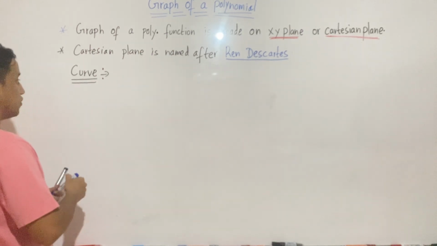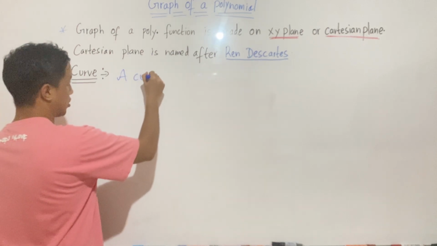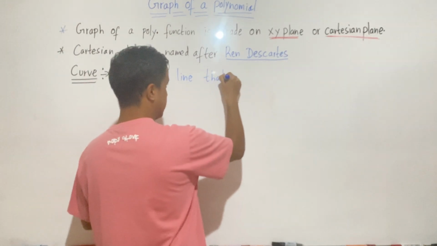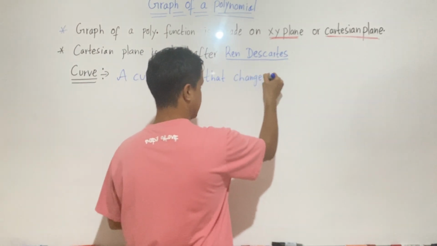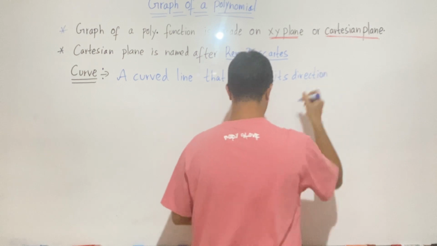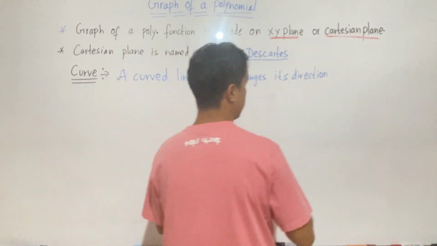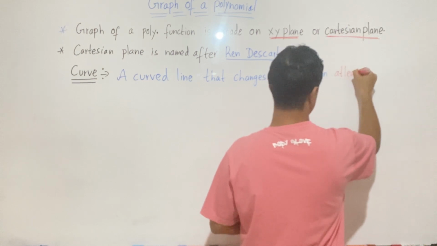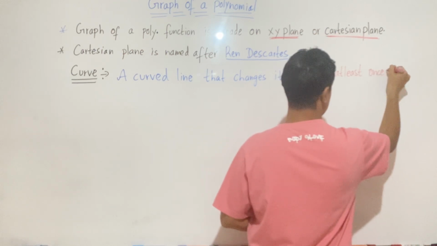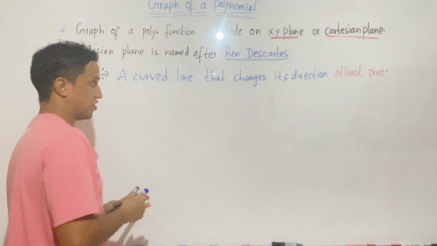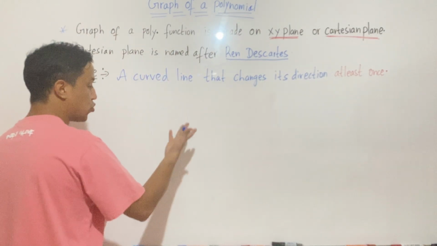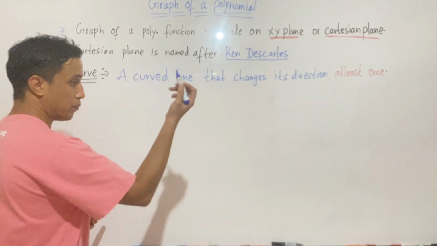A curve is a curved line that changes its direction at least once. For example, a parabola is a curve.